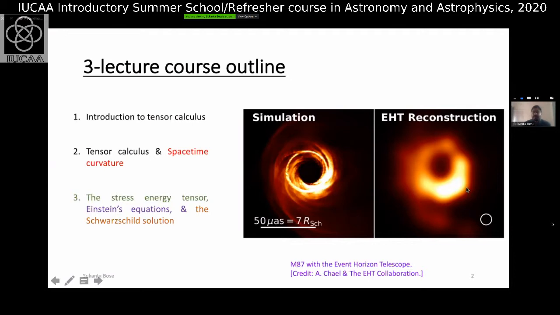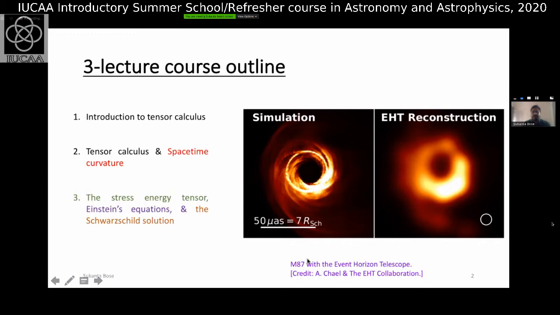What you see on the right is again an image you must have seen last year. This is the image formed through radio observations by a network of telescopes. Together, that network is called the Event Horizon Telescope, or EHT. This is the radio image of a galaxy called M87.